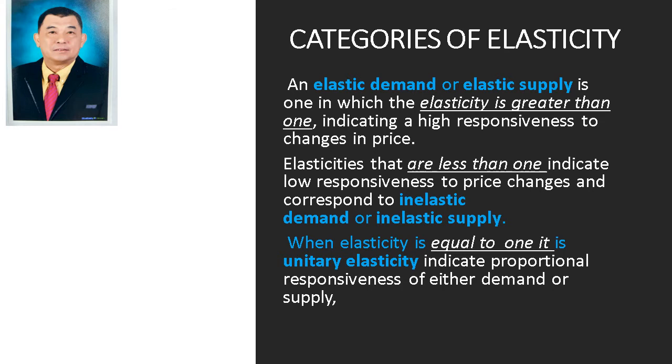On the contrary, if it is less than 1, it is called inelastic supply or inelastic demand. Always remember that. If it is greater than 1, it is elastic. If it is less than 1, it is inelastic. If it is equal to 1, it is called unitary elasticity, meaning it signals proportional responsiveness of either demand or supply.